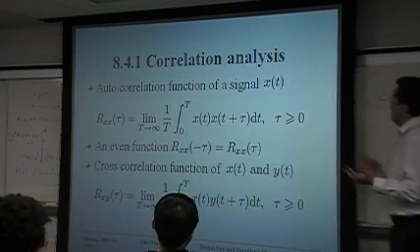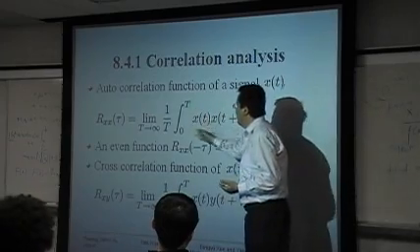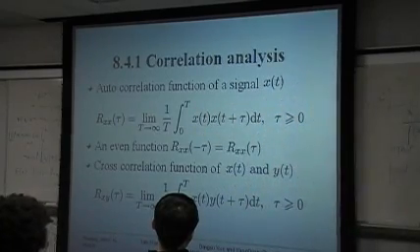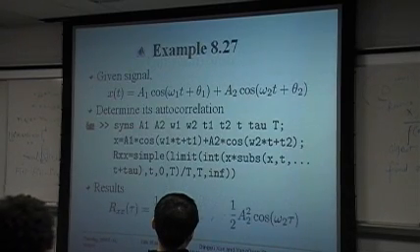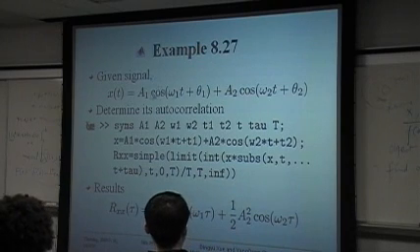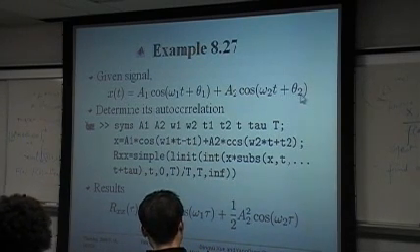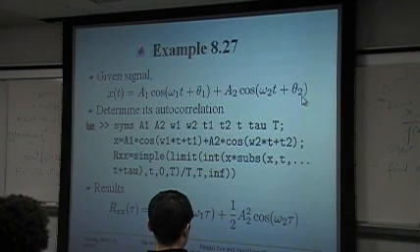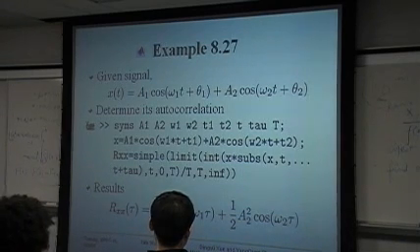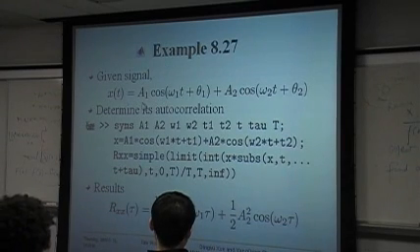This kind of problem can easily be solved with the Matlab symbolic toolbox. So we can find the autocorrelation function for a given function by the use of symbolic toolbox functions and the definition of the autocorrelation function.